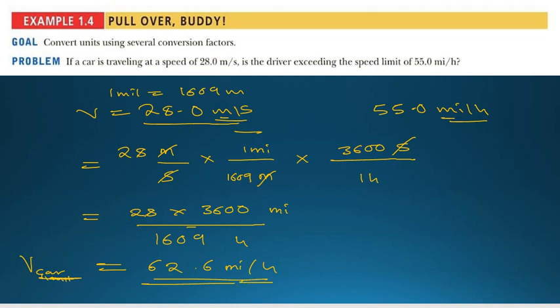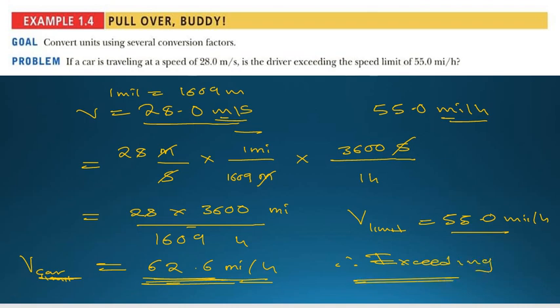The speed limit on that street is actually 55.0 miles per hour. So you can compare: the driver's speed is greater than the speed limit. So I'm going to conclude that the driver was exceeding the speed limit. As simple as that.